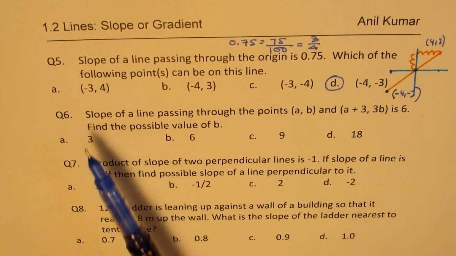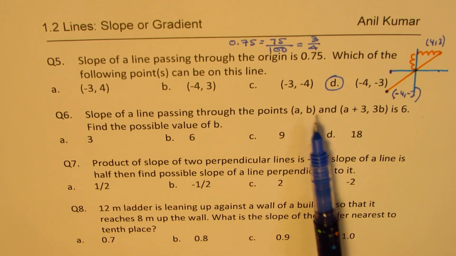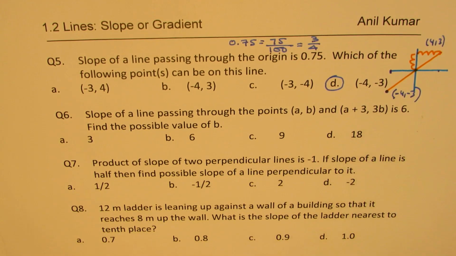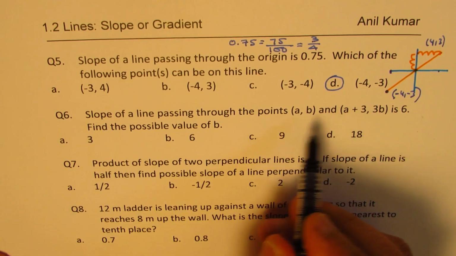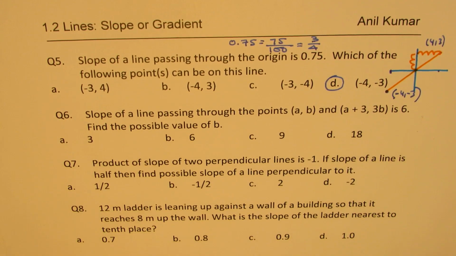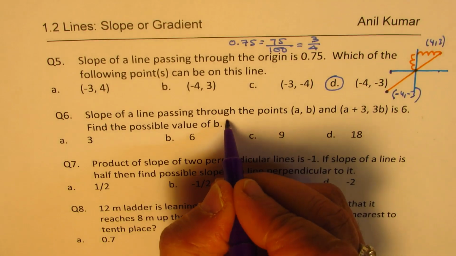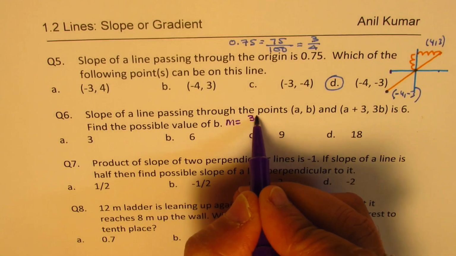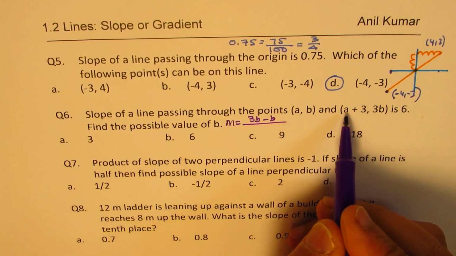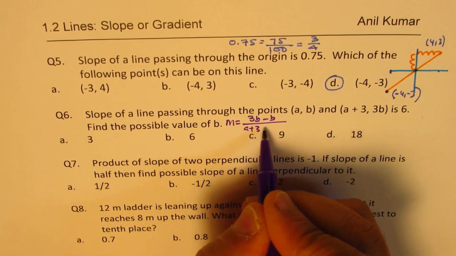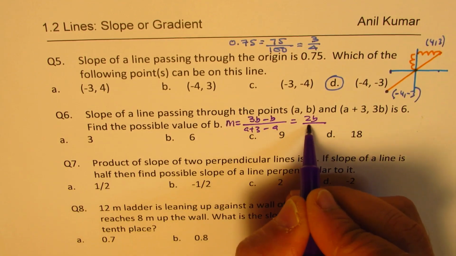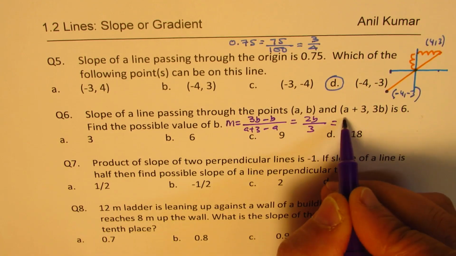Question number 6. Slope of a line passing through points (A, B) and (A+3, 3B) is 6. Find possible values of B. Well, that is clear algebra. So let's calculate slope M, which equals change in y values, 3B minus B, divided by change in x values, A plus 3 minus A. That gives you 2B over 3, and this slope is given to us as 6.